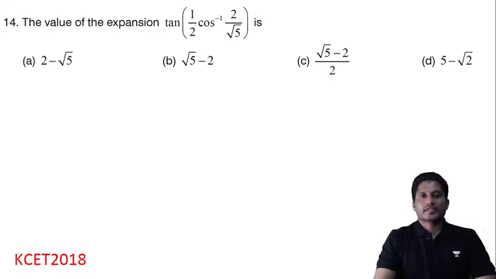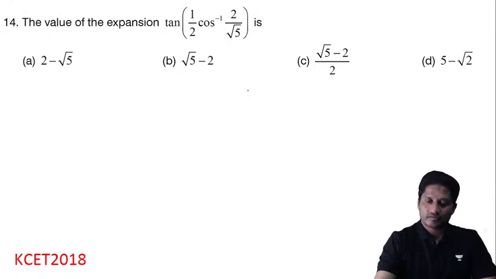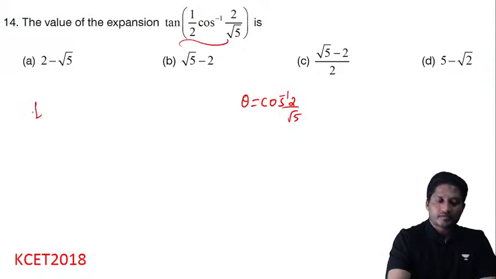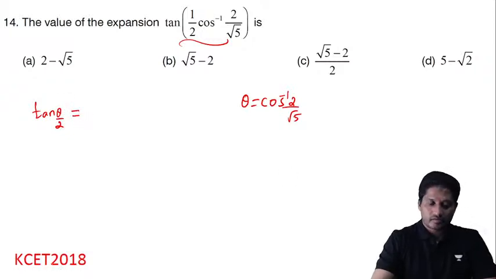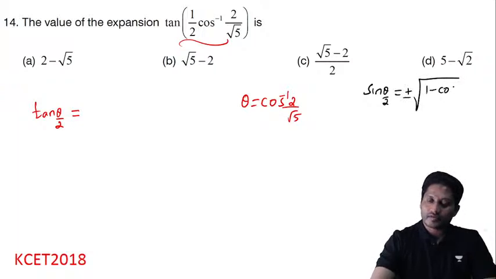The value of the expression: I'm going to take theta equal to cos inverse of 2 by root 5. This becomes tan theta by 2. I'll write the half angle formula. Sin theta by 2 is equal to plus minus root of (1 minus cos theta) divided by 2.